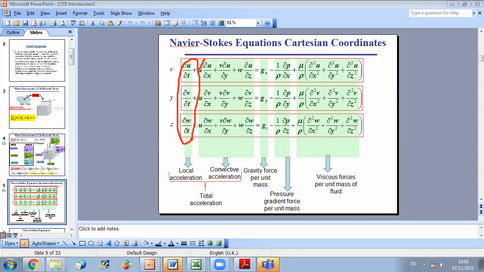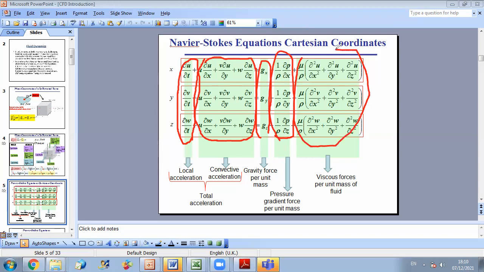And you have also acceleration with space. So these terms represent the convective acceleration. And equal to these accelerations, the total acceleration is due to the different forces acting on your system. So you can identify gravitational force per unit mass, pressure gradient force per unit mass, and viscous forces per unit mass.